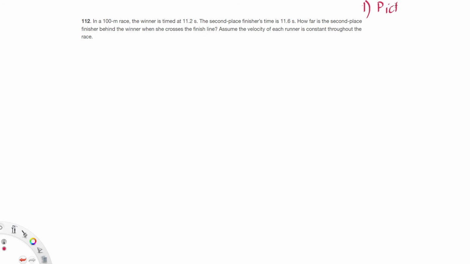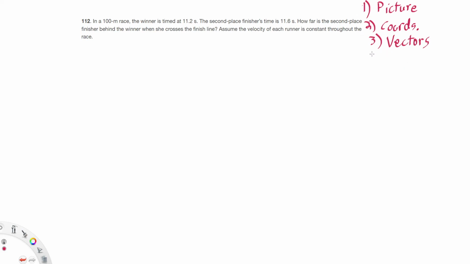Whenever we're dealing with any new problem that's even a little bit difficult, we're going to draw a picture. Second, we are going to specify the coordinate axes for the problem. Third, if there are any vectors, we're going to break them down into their components.